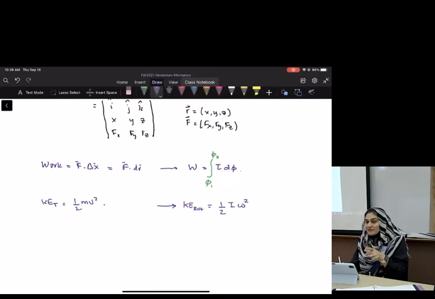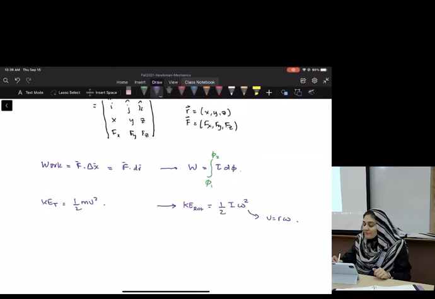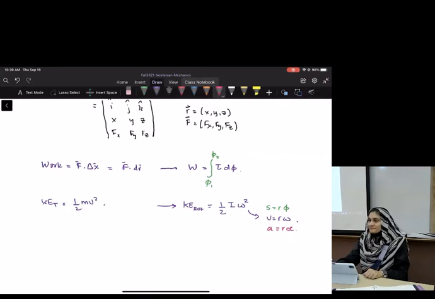And omega is angular velocity, given by v equals r omega. V is the linear, omega is the angular. The way I generally remember this is S equals R phi. Then take the first derivative to give you the second one, and take the second derivative to give you R alpha.